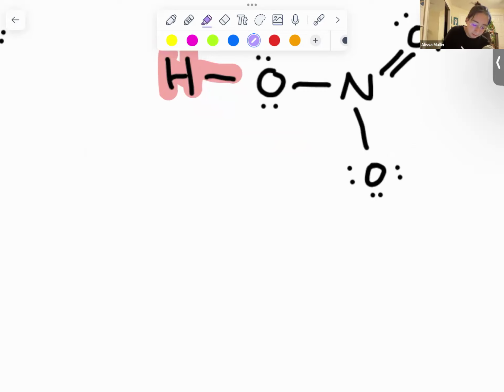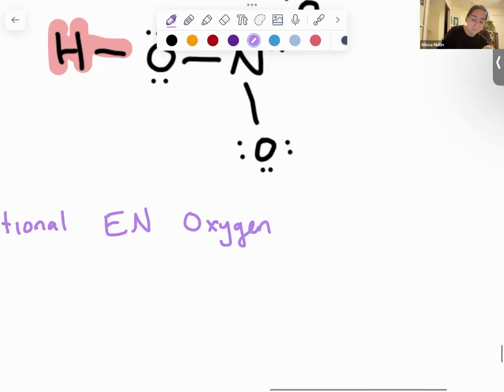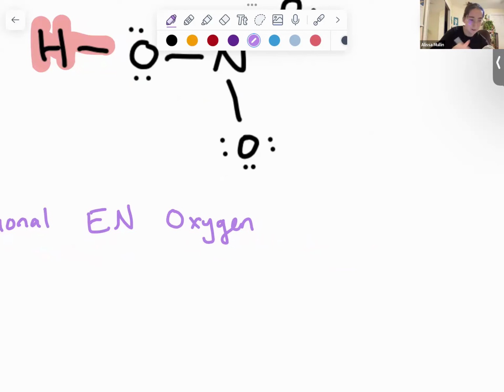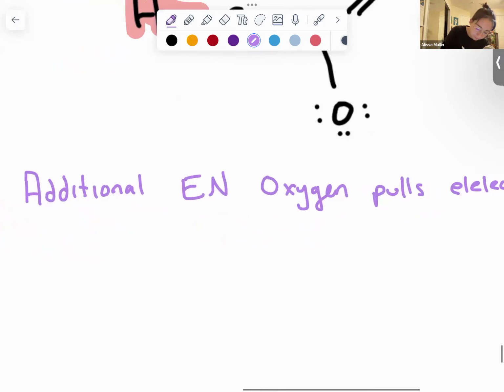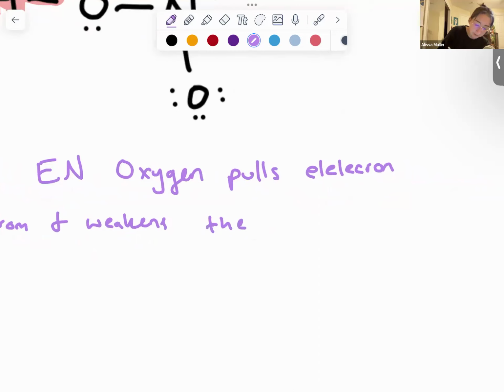You could say the additional electronegative oxygen pulls electron density and weakens the bond. Okay, so we could do that.